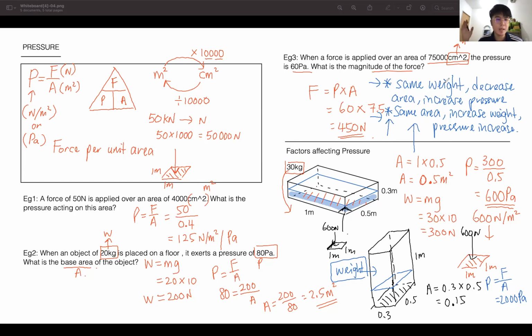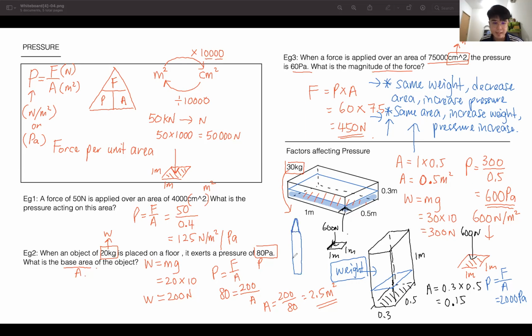Okay, so what is the application of pressure in your daily lives? You see, during a rocket launch, when they want to deploy the rocket to the launch base, how do they send the rocket? The rocket is very, very heavy and it has a very small base area.